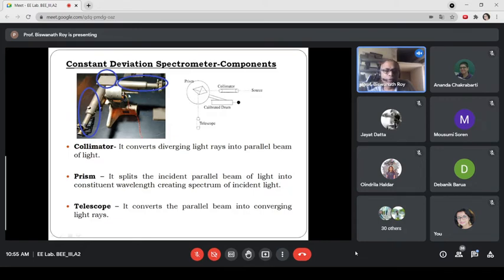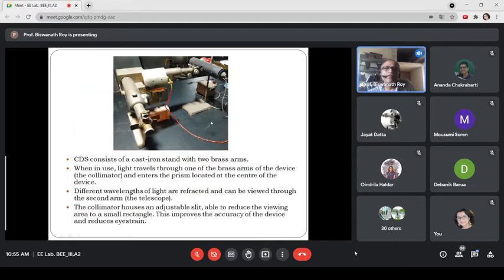When we rotate the circular drum, either in the clockwise or anti-clockwise direction, it actually rotates the prism along the z-axis. We can consider the z-axis, right, which passes through the prism from top to bottom. So rotation of this drum actually rotates the prism with respect to the z-axis.